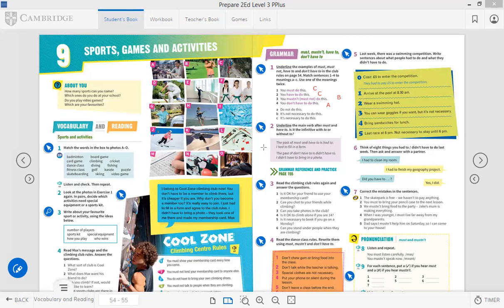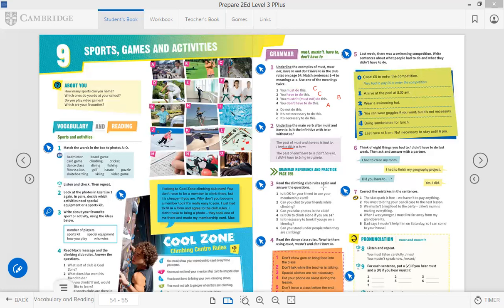Okay, so we underline. What do we underline? To fill. Okay, that's everything you have to underline. The past of don't have to is didn't have to. I didn't have to bring in a photo. So these sentences are with to or without to?